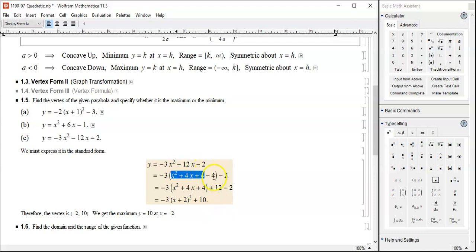First three terms are complete squares, so minus 4, I have to bring it out. So that becomes plus 12. And then these three, they form the complete square, x plus 2 total quantity squared. And then in the end, 12 minus 2 is 10. Yes, that's how you do the complete square method.